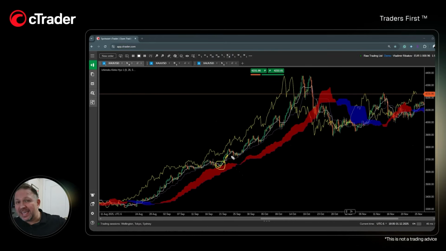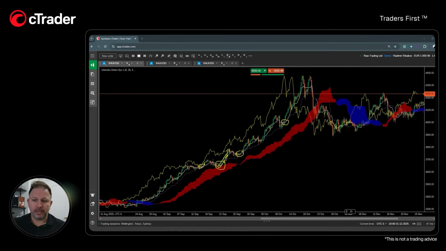And when they cross in the direction of the market, which is above or below the cloud, these are considered momentum signals. Here crossover, also here crossover, here it's a touch, here it's a crossover. Above the cloud, it pushes the prices all the way to the upside.